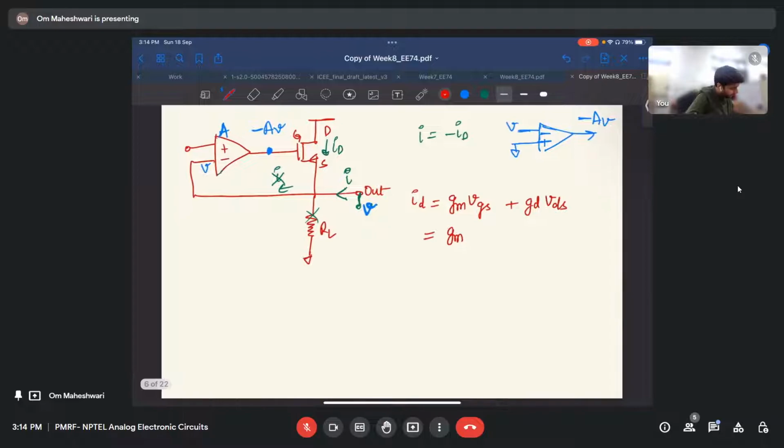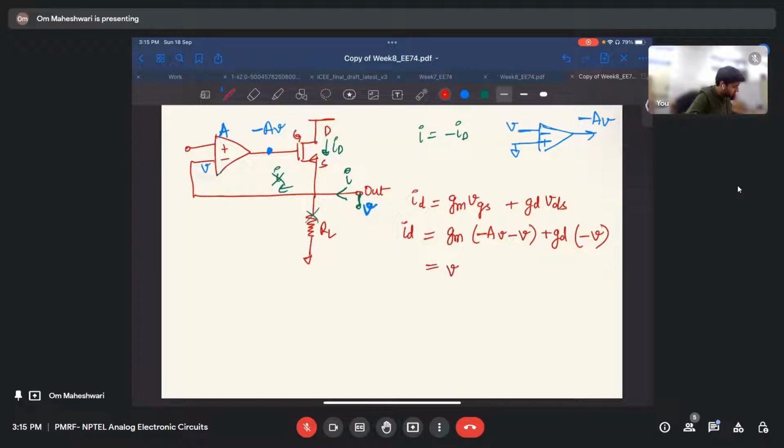VGS is the gate voltage minus the source voltage. Here the gate is at minus AV and the source is at minus V, so VGS is minus AV plus V.